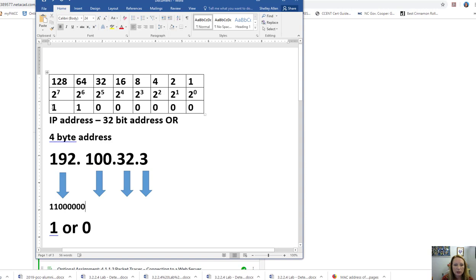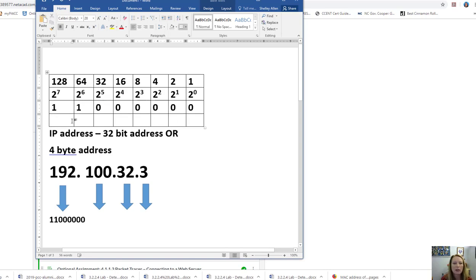So if I were to do 100, I'll add another column here. Hope that won't confuse anybody, but just for time's sake. So if I were to do the 100, I wouldn't need the 128. 64, I do need 64 and 32 is 96. Then I have 100. Okay.